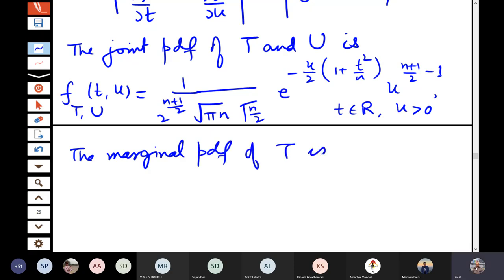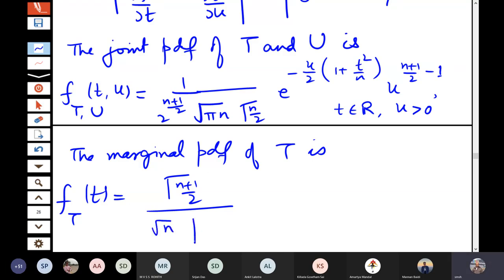So the marginal PDF of t is gamma n plus 1 by 2 divided by all these terms. The 2 to the power n plus 1 by 2 will get cancelled out, and then root pi I can write as gamma half, root n will be there, then gamma n by 2 gamma half, and then this term will become 1 plus t square by n to the power n plus 1 by 2 in the denominator.